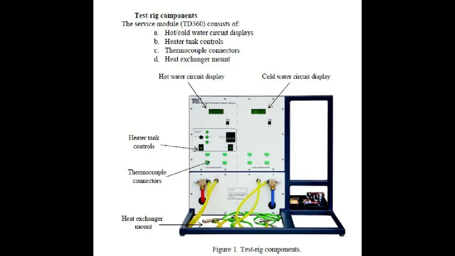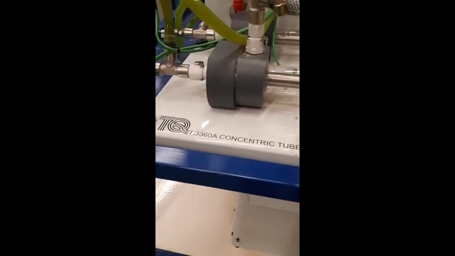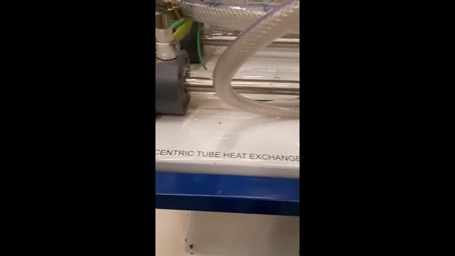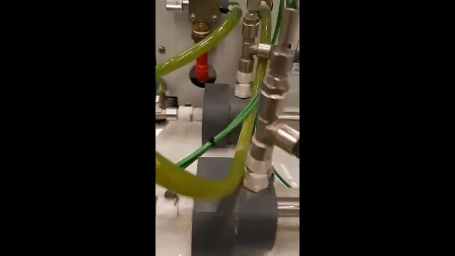This is the concentric tube heat exchanger, and it has two side pipes, one inlet and another outlet.